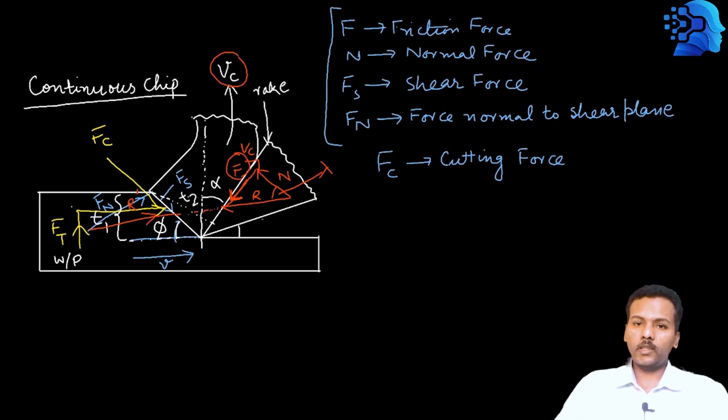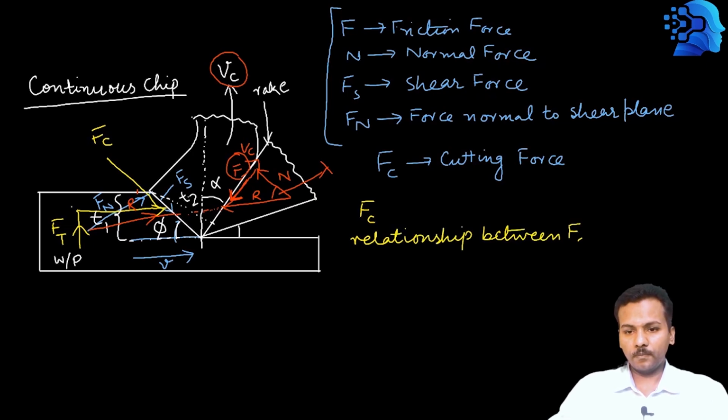Now these two forces can be measured with the help of a dynamometer. Now we will see what will be the relationship between this cutting force Fc with the friction force F and the shear force Fs.